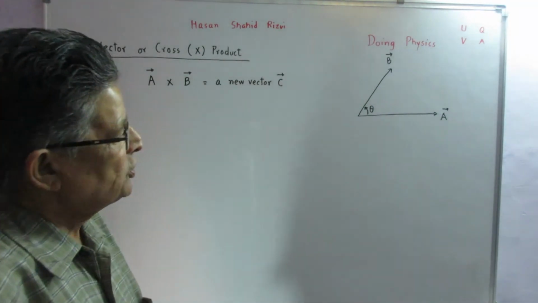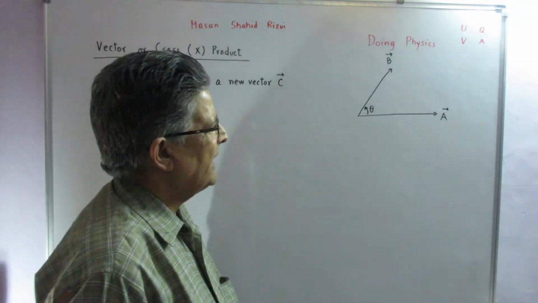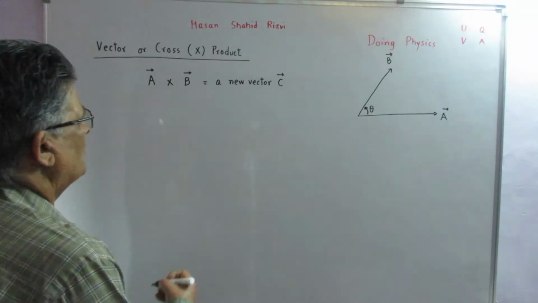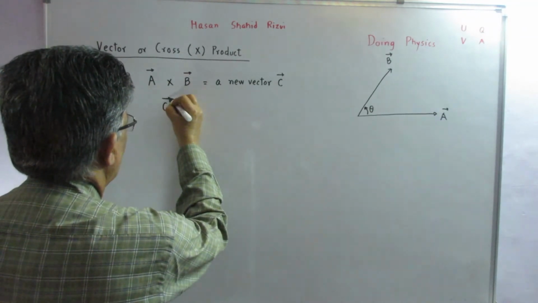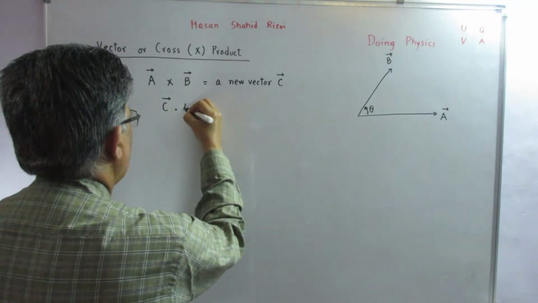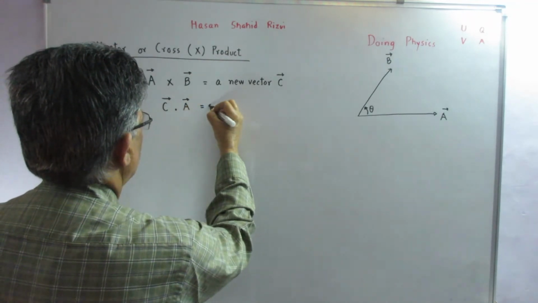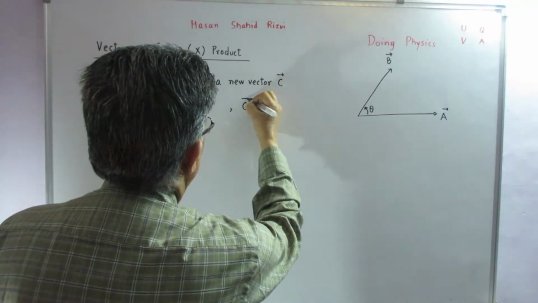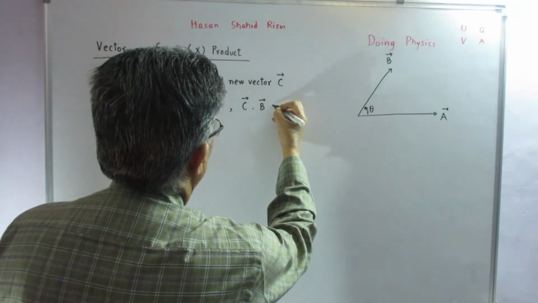Now I will tell you the relation of this new vector c. Vector c dot a is equal to 0, and also vector c dot b is equal to 0.